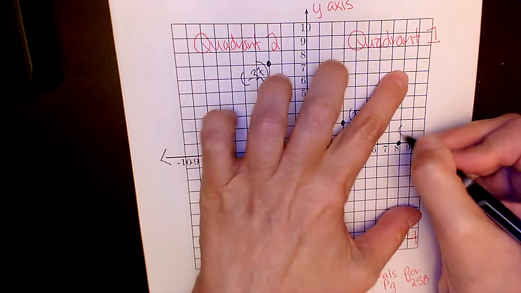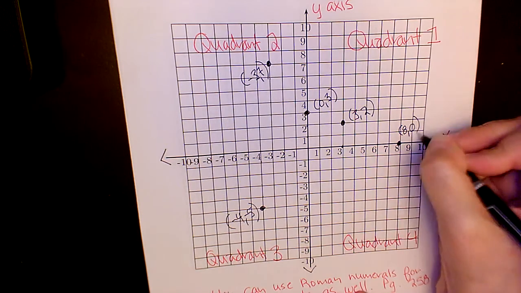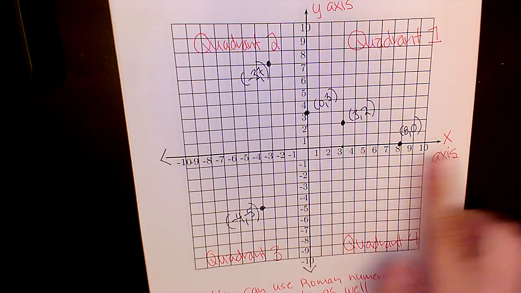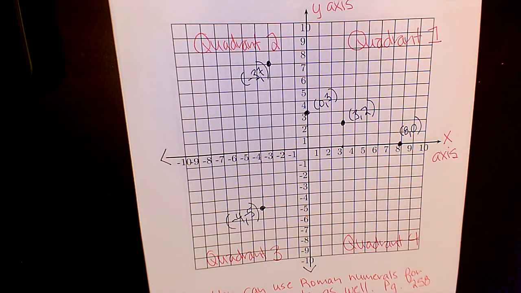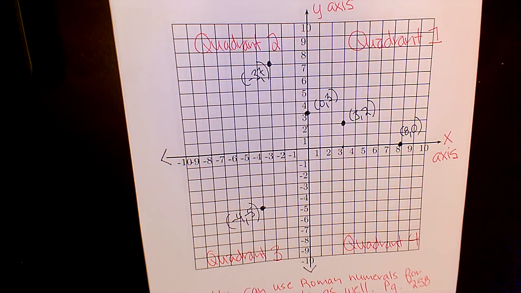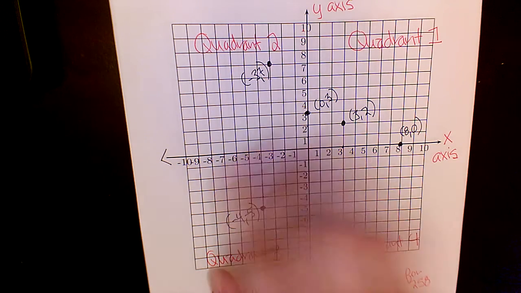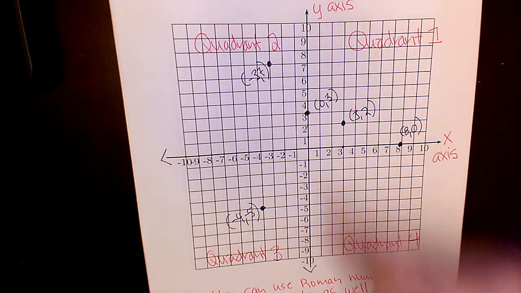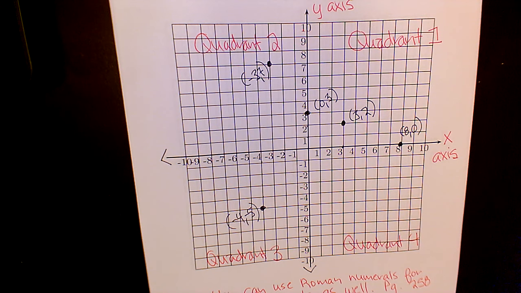So this is the point (8, 0), and (8, 0) sits or lays on the x-axis. So one quick thing, if you have a 0 in there as one of your coordinates, you know the point's going to fall on either the y-axis or the x-axis.